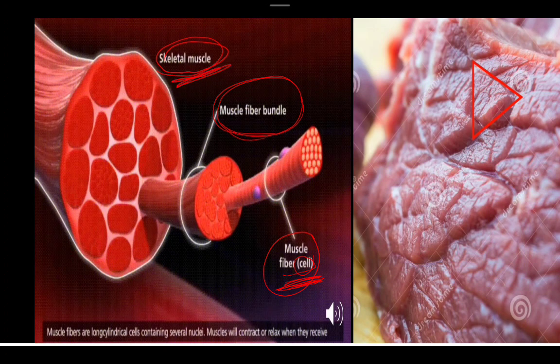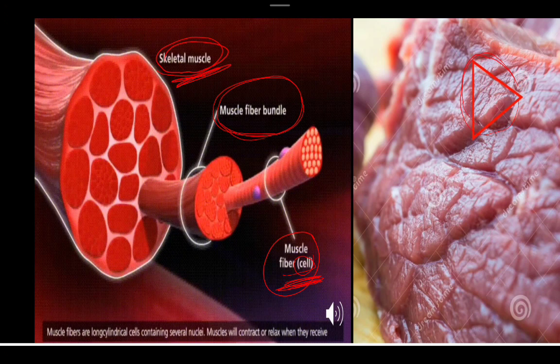Kapag sinabi mong muscle fiber, it refers to the cell of your muscle, composed of multiple myoblasts that underwent fusion.